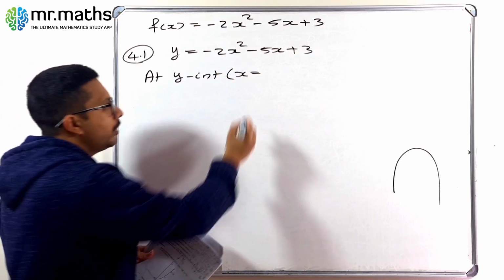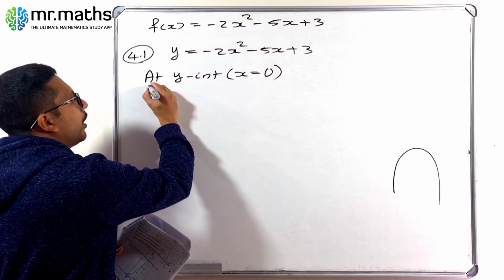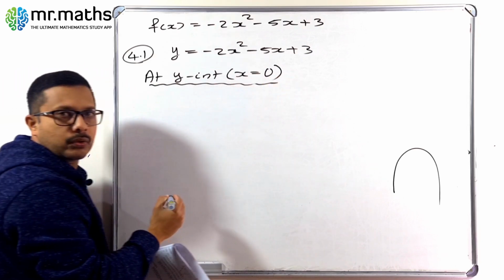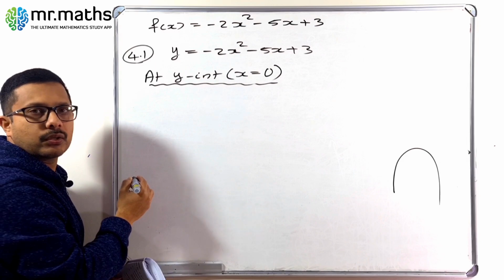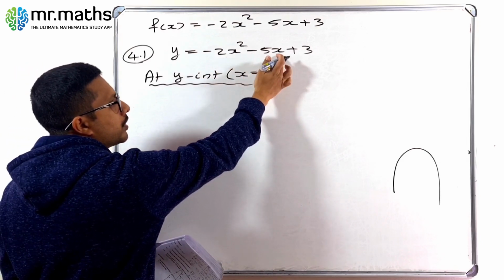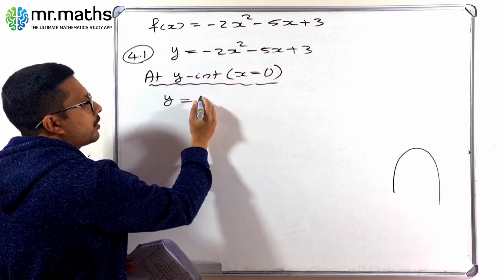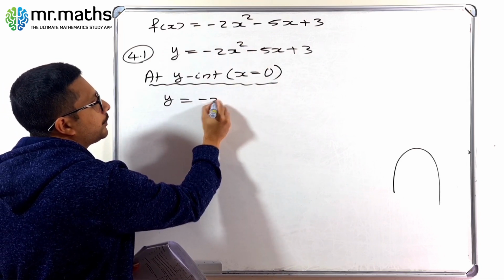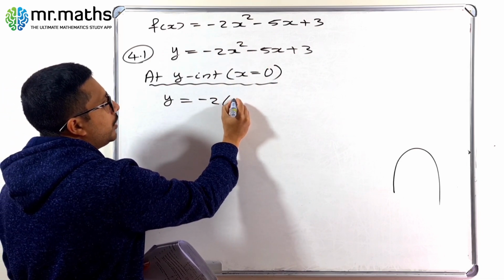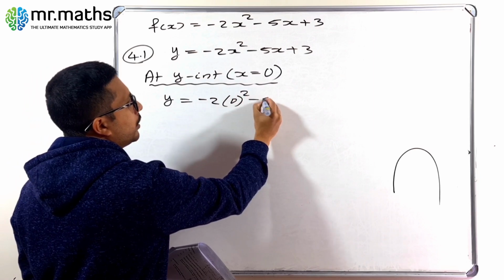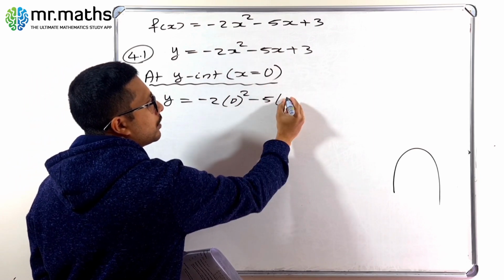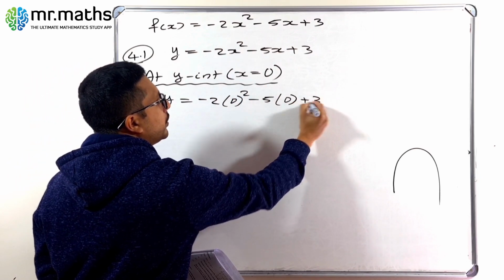It's 0. So substitute the value of x as 0 in this equation. So y is equal to minus 2 into 0 square minus 5 into 0 plus 3.